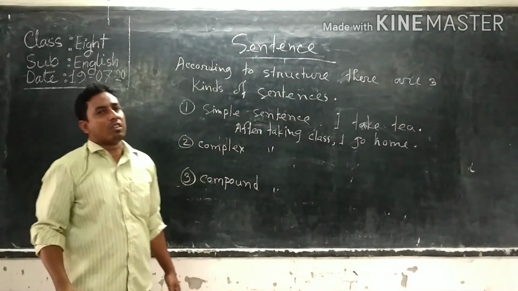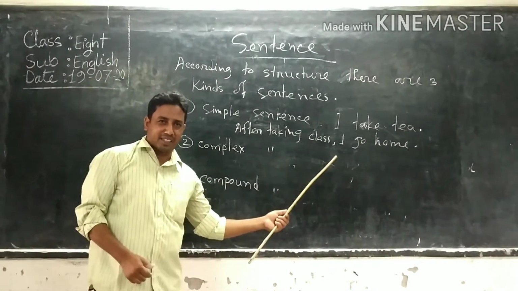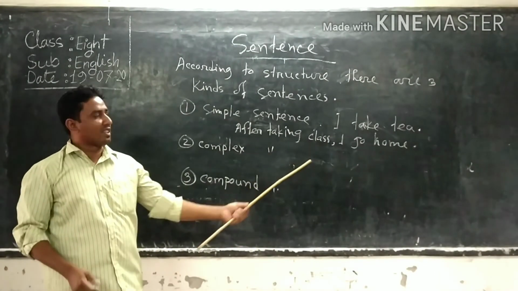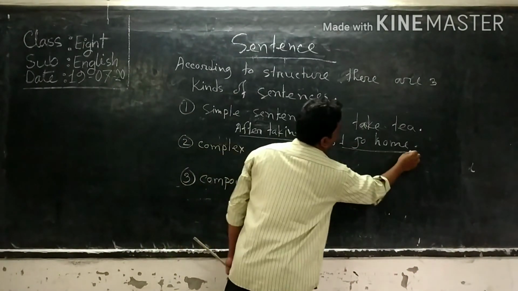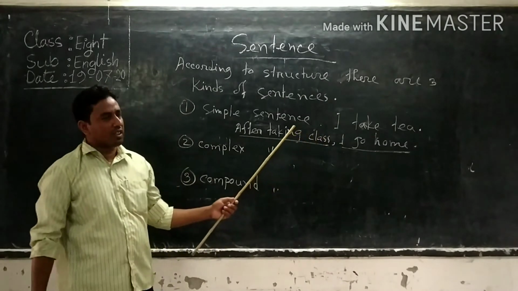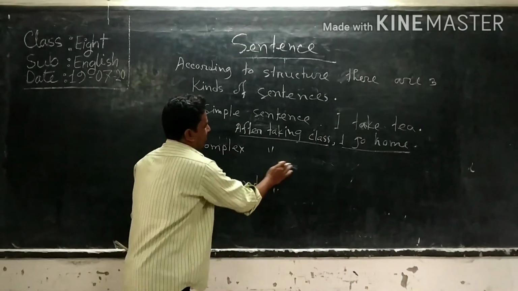This is also a simple sentence, but it looks like a complex sentence. This is not a complex sentence, it is a simple sentence. After taking class, I go home. This is also a simple sentence. Complex sentence.